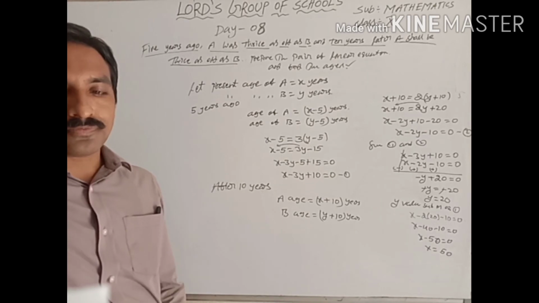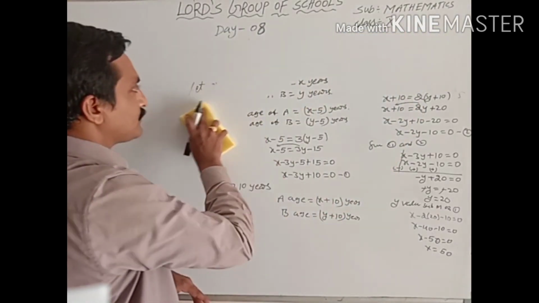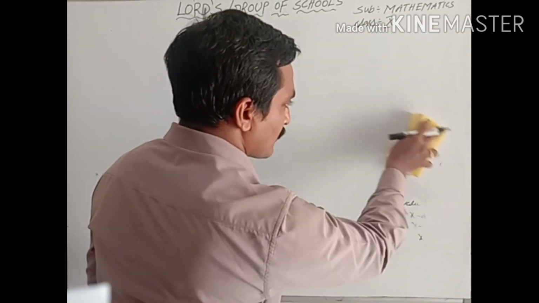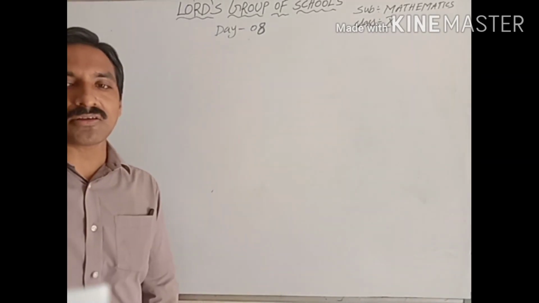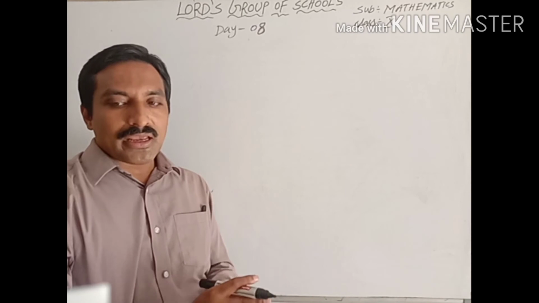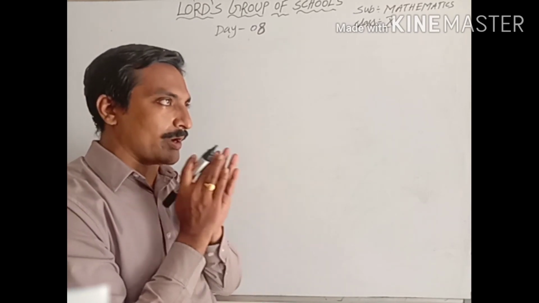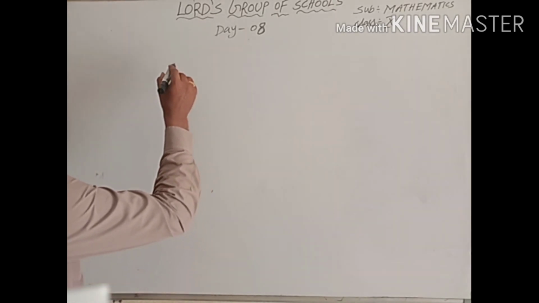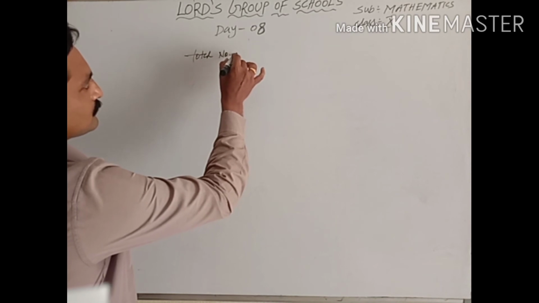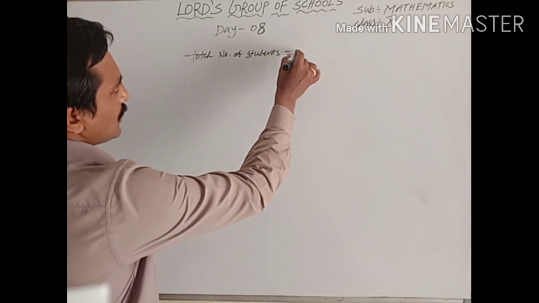Next comes a problem about a 10th class. Some students are there, 10 students. This is your textbook problem, the first exercise. There are 10 students of a 10th class. If the number of girls is 4 more than the number of boys, find the number of girls and boys.